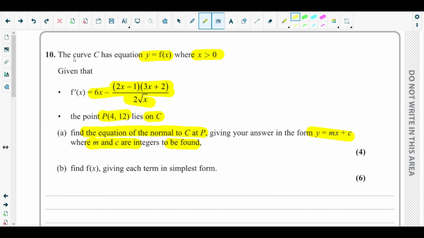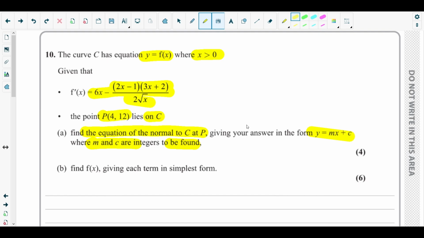Equation of the normal. A normal is basically a straight line that is perpendicular to the tangent. For finding the equation of the normal, we need the gradient of the normal, and a point that lies on that normal.